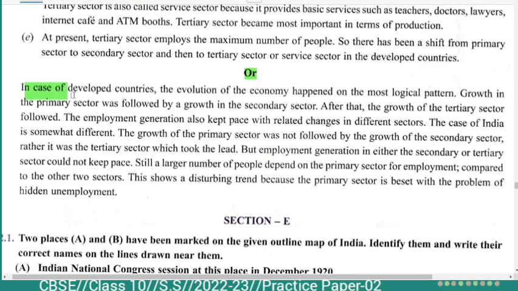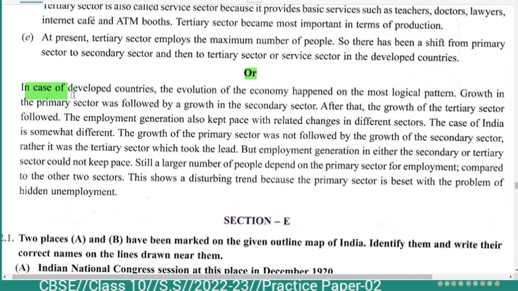In the case of developed countries, the evolution of the economy happened on the most logical pattern. Growth in the primary sector was followed by growth in the secondary sector. After that, growth of the tertiary sector followed. The employment generation also kept pace with related changes in different sectors.